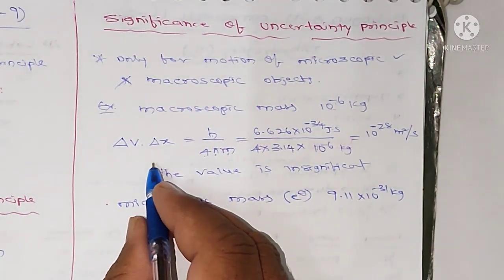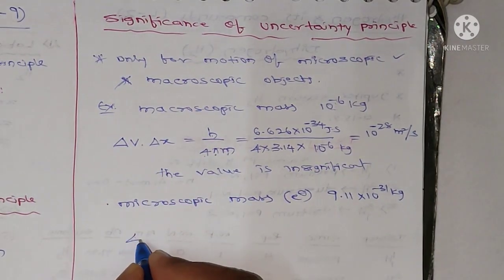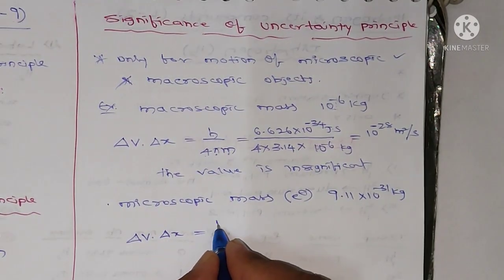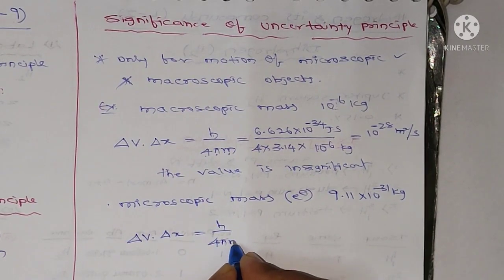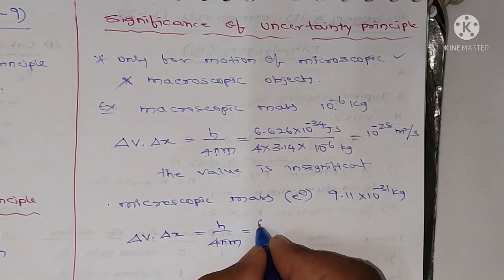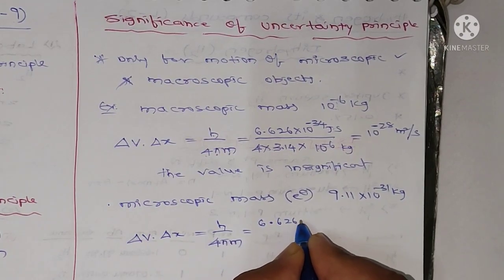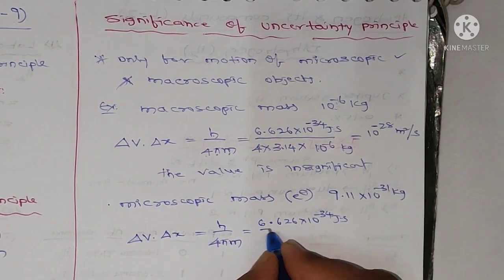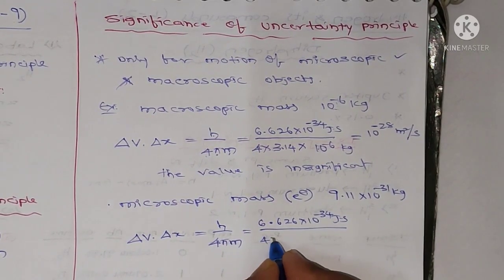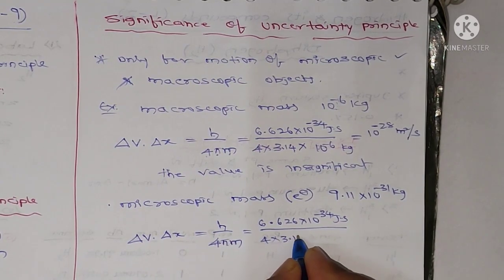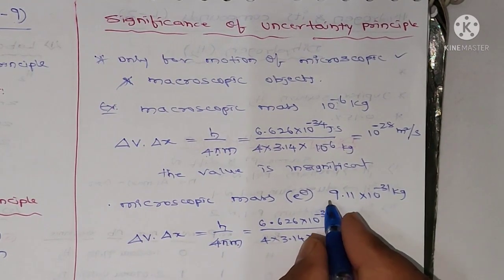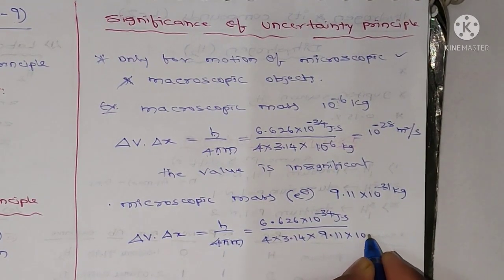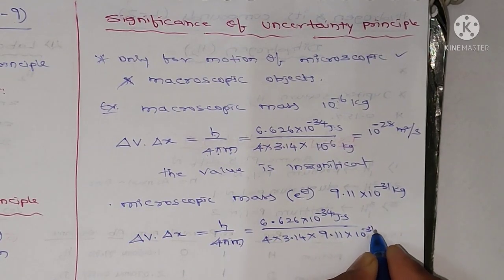According to Heisenberg uncertainty principle, delta v into delta x is equal to h by 4 pi m, equal to Planck's constant 6.626 into 10 to the power of minus 34 joule second divided by 4 into pi value 3.14 into mass of electron 9.11 into 10 to the power of minus 31 kg.